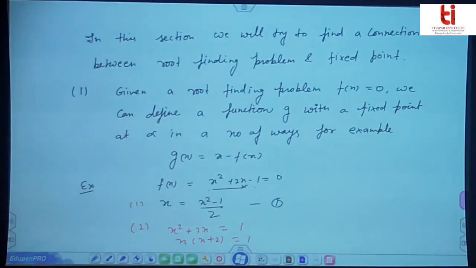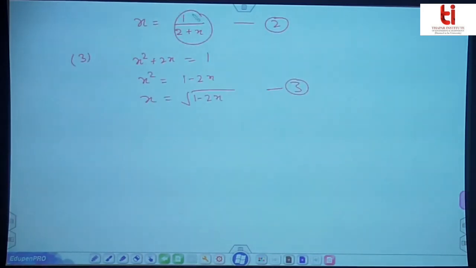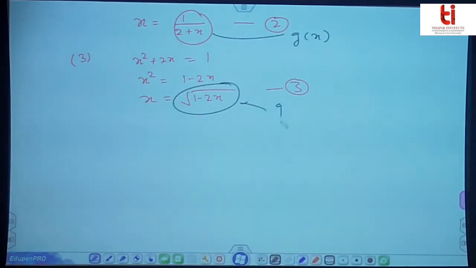So what we do here, we write function f(x) = 0 and we define a function g(x). What is g(x) in this case? This is your g(x), whatever you are getting in the right hand side. So f(x) = 0 can be written in terms of x = g(x).